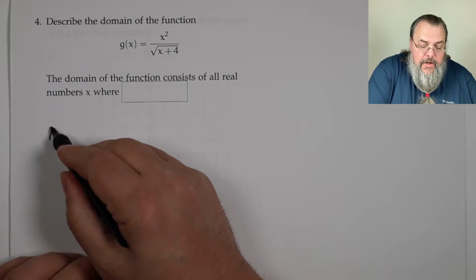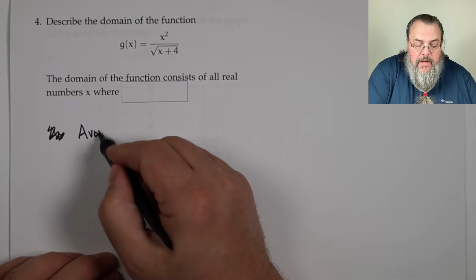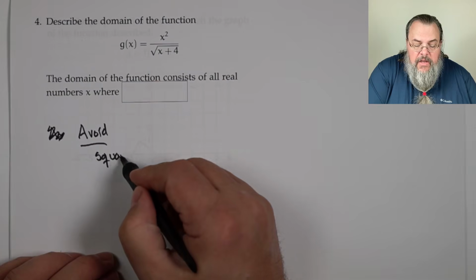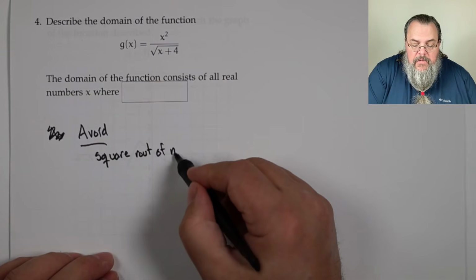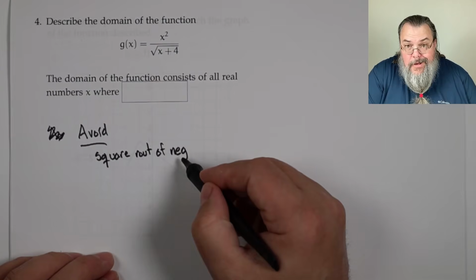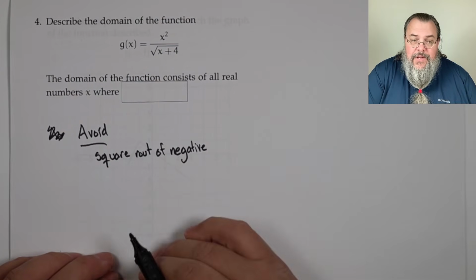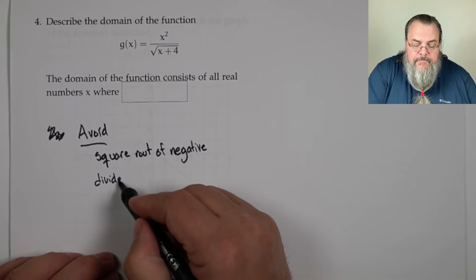We avoid, I don't know how to spell the word avoid. Avoid square root of a negative, because you can't do that, at least not in our class. It would be a very complex thing to do, but okay, we want to avoid that. And we want to avoid divide by 0.